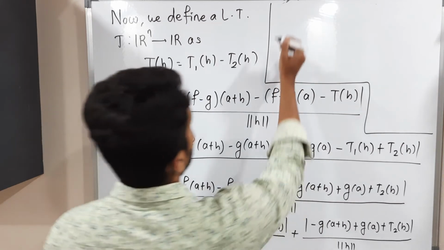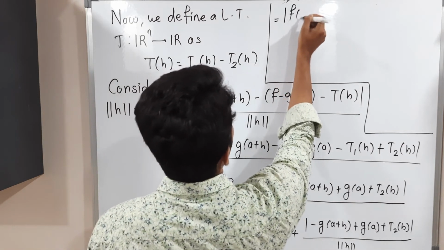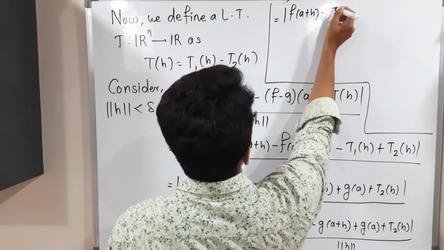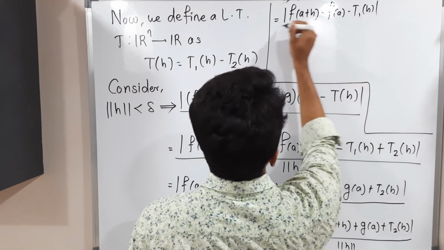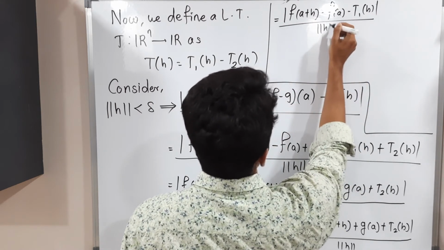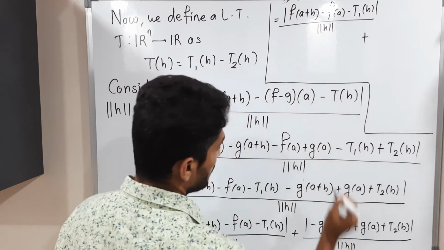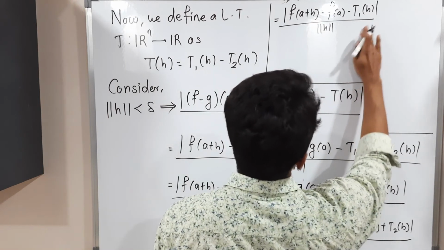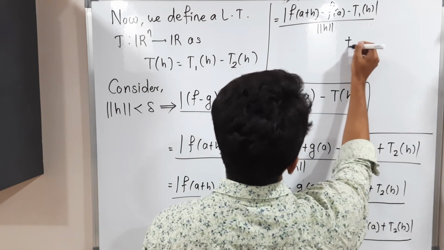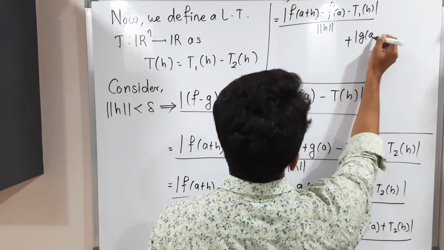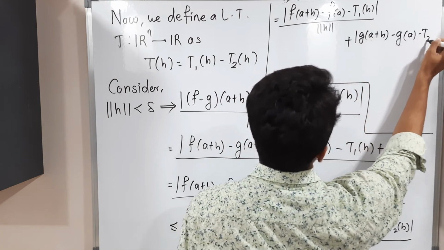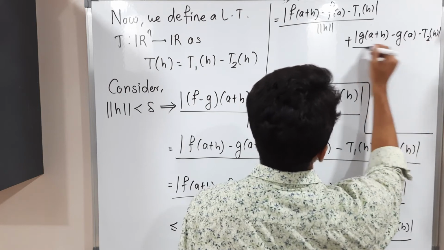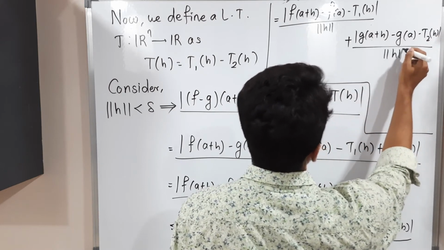So we can write this is equal to mod f of a plus h minus f of a minus T1 of h divided by norm h, plus mod g of a plus h minus g of a minus T2 of h divided by norm h.